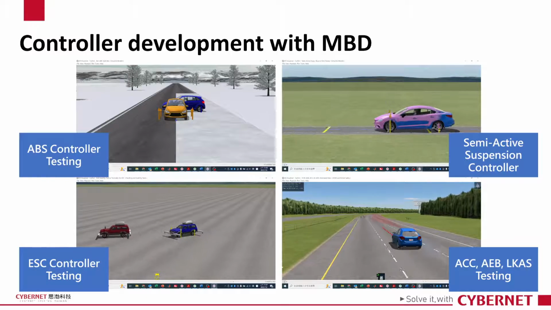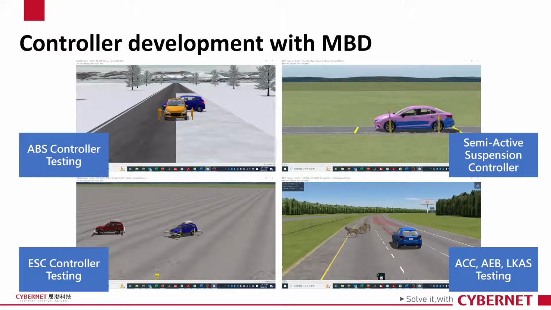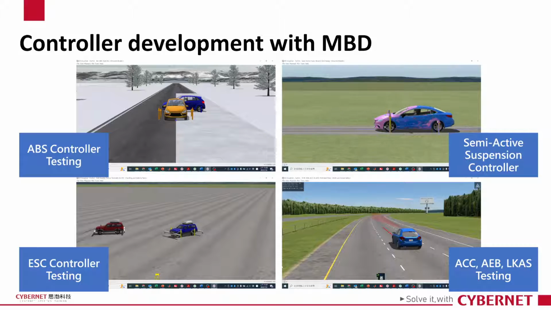As you can see in the video, most of these controllers are required to be tested in dangerous situations: rollover, loss of control, difficult road situations, or obstacle avoidance. Controllers need to be tested in these situations to make sure of the performance. Using MBD and CarSim could help you test at an early stage with low cost and save you money.